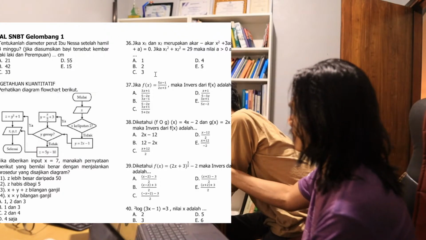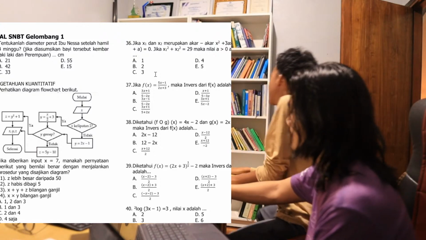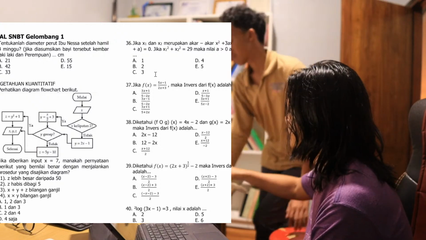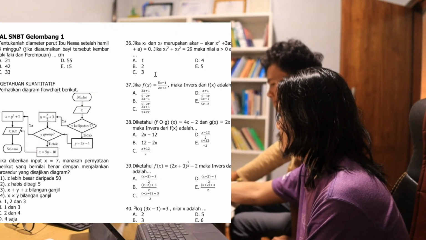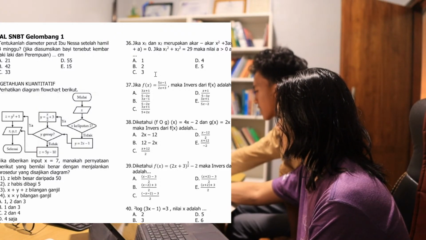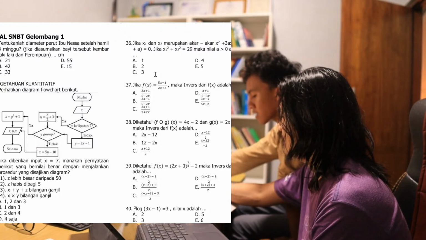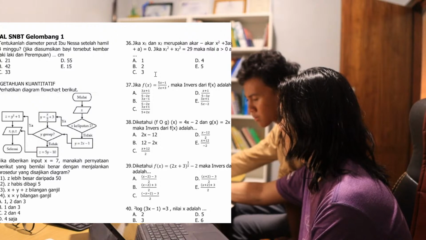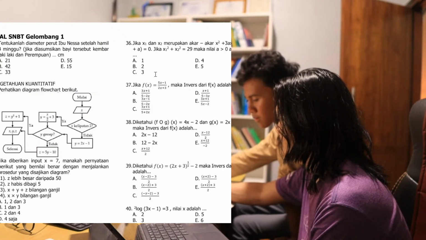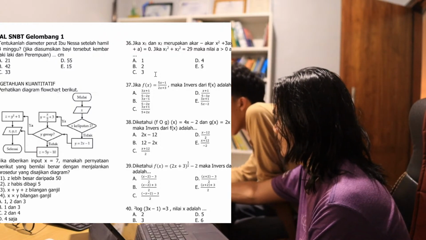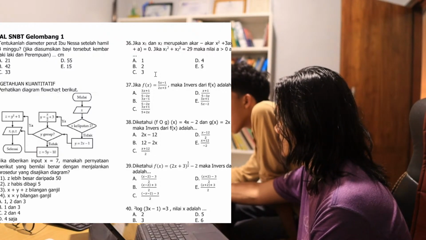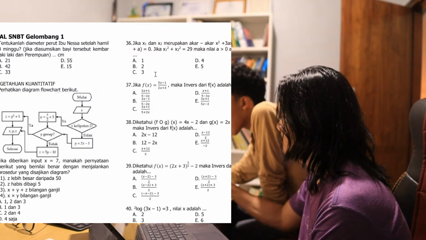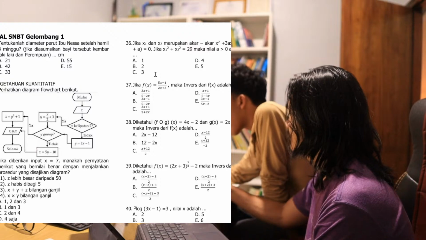So give me another paper. y is equal to ax plus b over cx plus d. Cross multiply: ycx plus dy is equal to ax plus b. Move that to here, move that to there. So ycx minus ax is b minus dy.